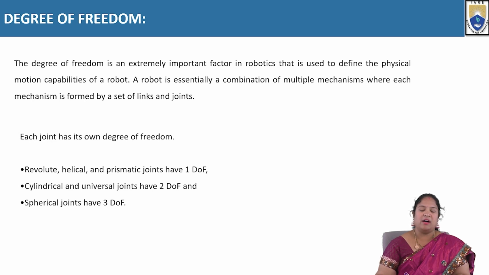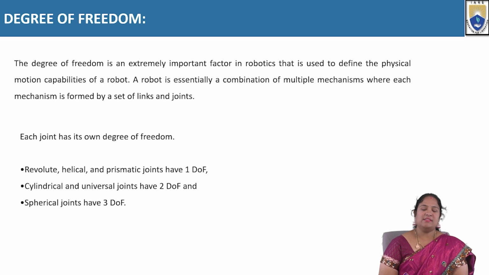As we humans have a wrist for our hand, it has some degrees of freedom with the help of which it rotates in the rotary direction, whereas we don't have a wrist which moves in the vertical direction.